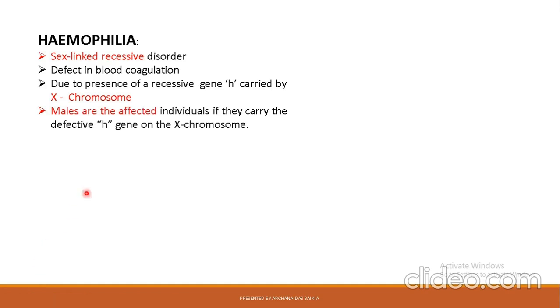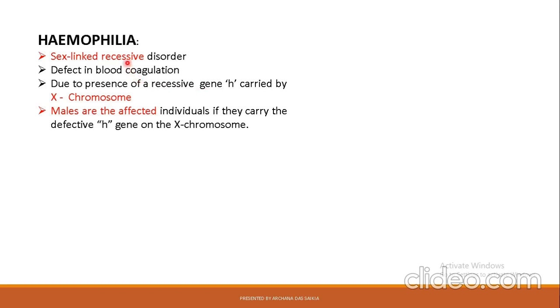But here again, as it is a recessive disorder, as we know, females have two X chromosomes. So if one of the X chromosomes in a female is carrying the dominant form, whereas the other X chromosome is carrying the recessive form of the gene, then that particular female is in a heterozygous condition.